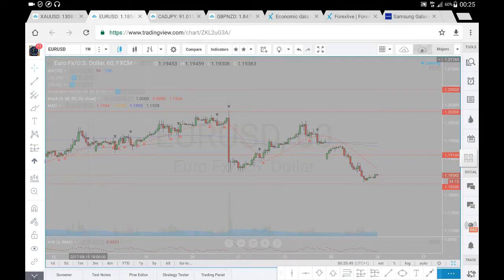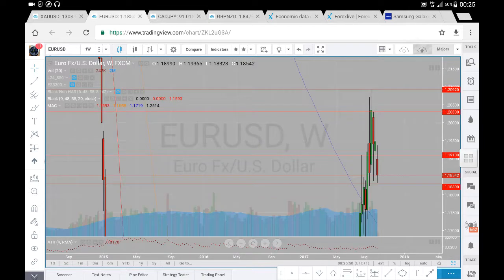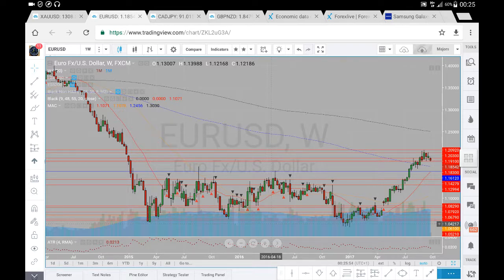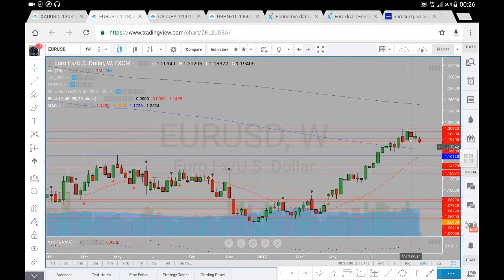If I go onto the weekly time frame, and let's see where we are in relation, and let's get this chart scaled correctly, and zoom in a bit. Now all the way on a weekly time frame, like 116.12 might be a bit far away. Yeah, I would say that's a bit far away.